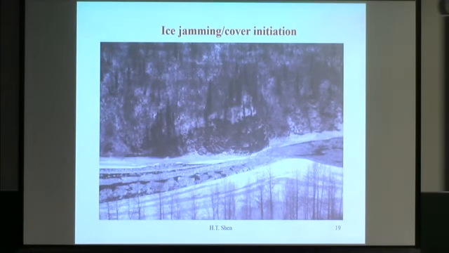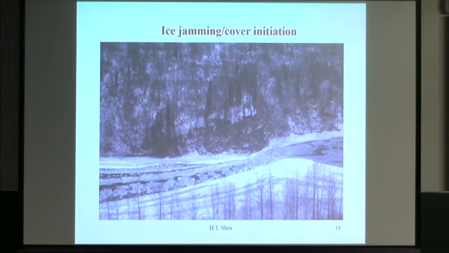Okay, a few examples of the jamming. This just happened, same as breakup. It's very hard to know where and when the breakup happens. And for freeze-up, we know when we will have freeze-up, but when and where we get a jam, it's hard to catch.